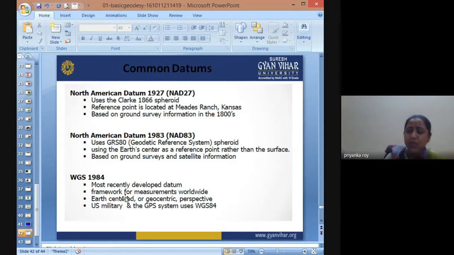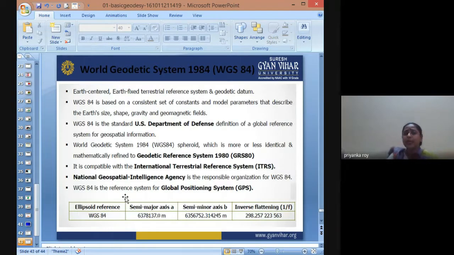Okay, so overall, concluding this lesson, let's understand that it is an earth-centered system, that is the earth-fixed terrestrial reference system or geodetic datum. WGS 84 is based on a set of constant and model parameters that describe the earth's shape and size and the gravity and geomagnetic field.